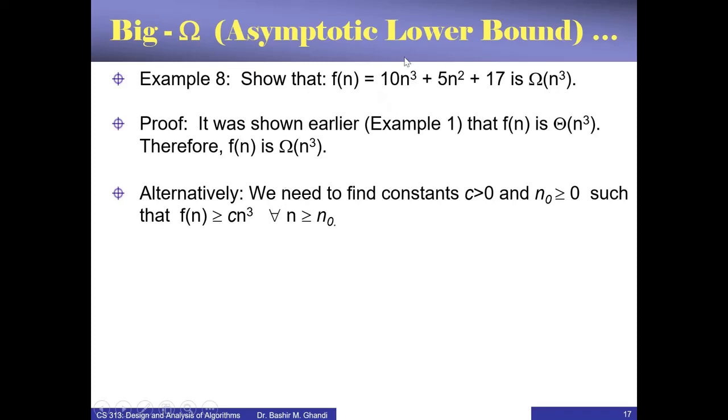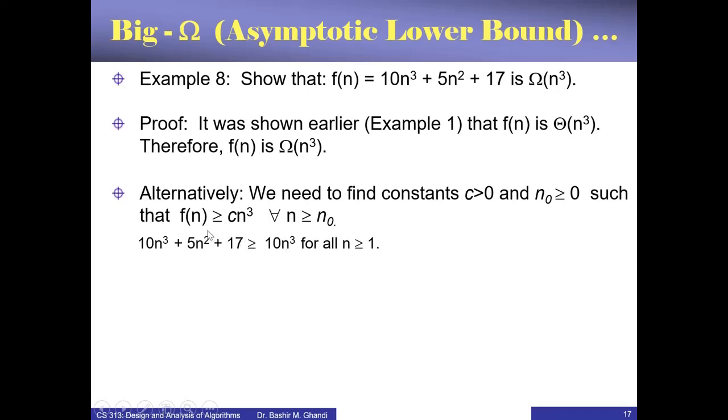Now, if we just take the 10n cubed, definitely the function will be greater or equal to that. So 10n cubed plus 5n squared plus 17 is definitely greater or equal to 10n cubed.